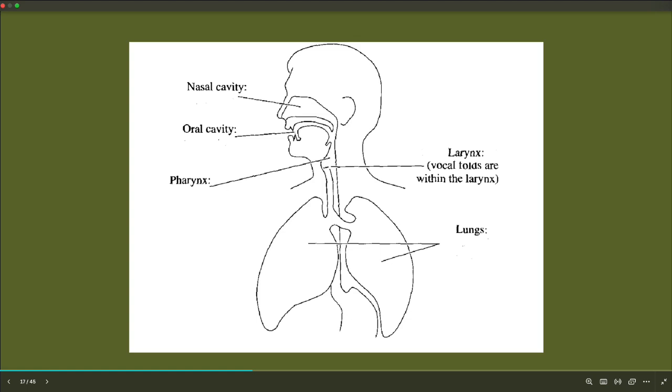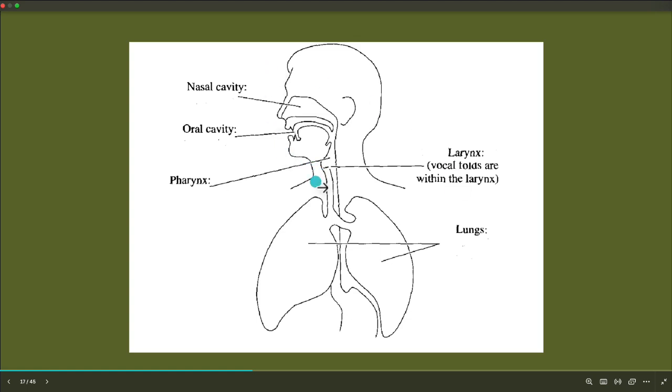When air from the lungs passes through the vocal folds, they vibrate, creating sound. You can feel this vibration if you place your fingers on your throat and hum. Just like this. This sound can be shaped into different speech sounds as it travels through the vocal tract.